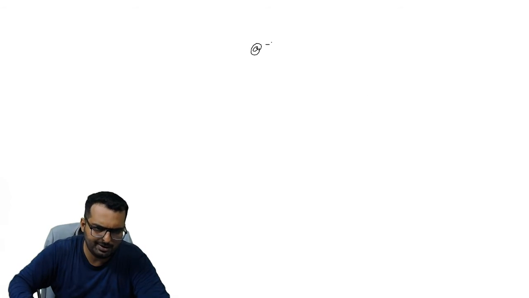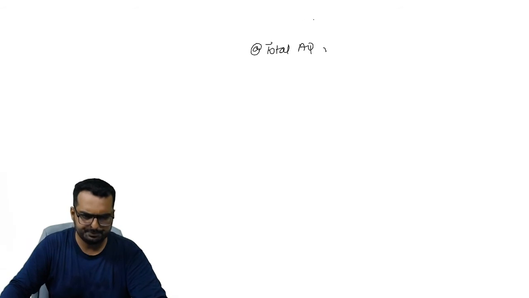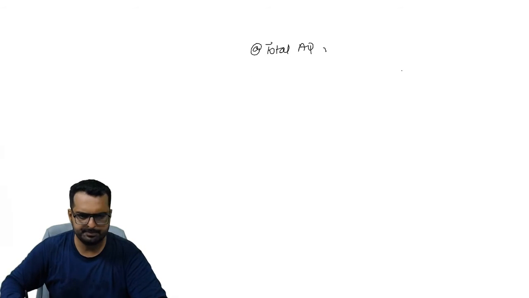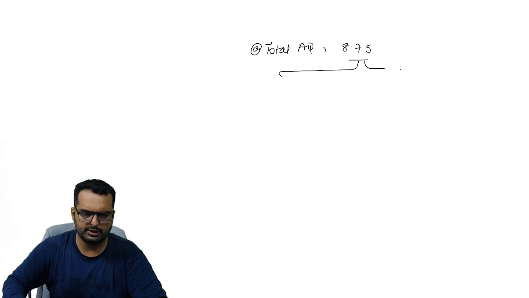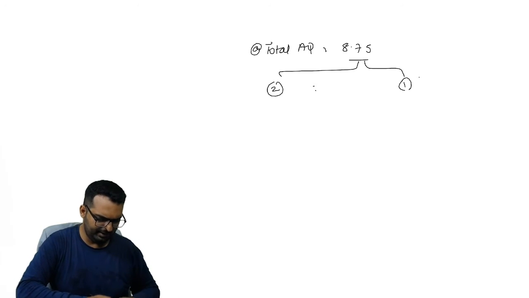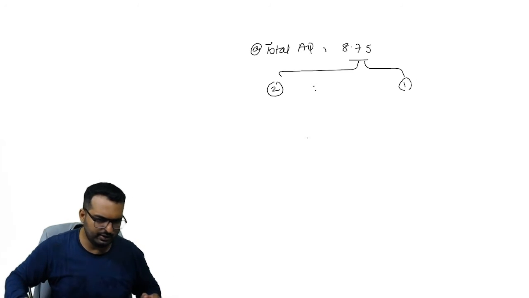So I'll write down point number A, total AQ. That will turn out to be how much? It will be 8.75. Am I right? This should go in the ratio of 2 is to 1. So once you do it in the ratio of 2 is to 1, that will be 8.75 divided by 3 into 2.